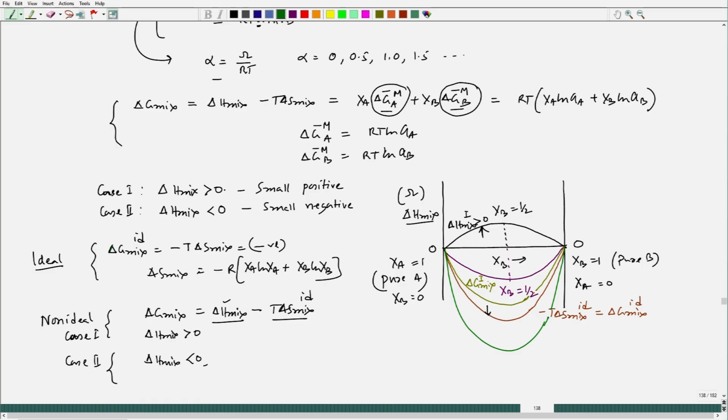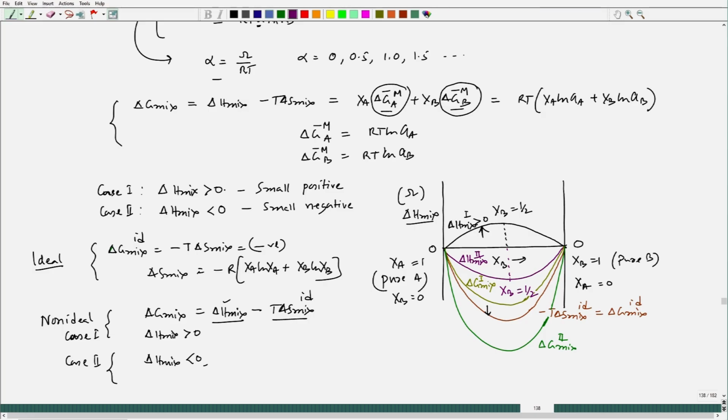So, this is delta G mix in case 2, and the corresponding delta H mix case 2 is here. Fine. So, that minus T del S mix ideal would take the delta G mix 2 farther down.